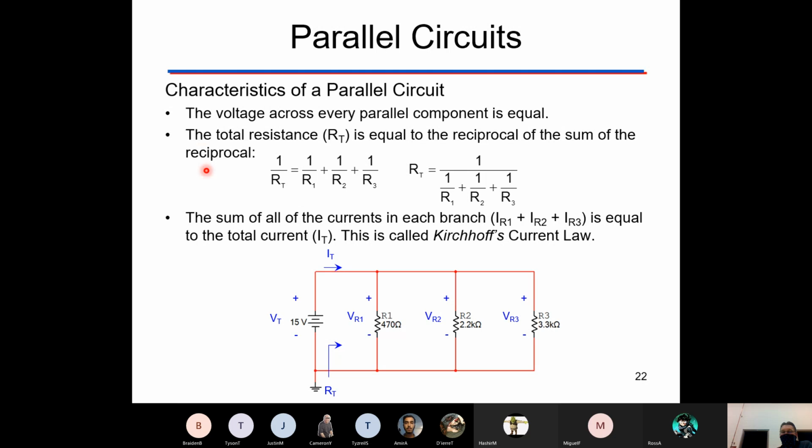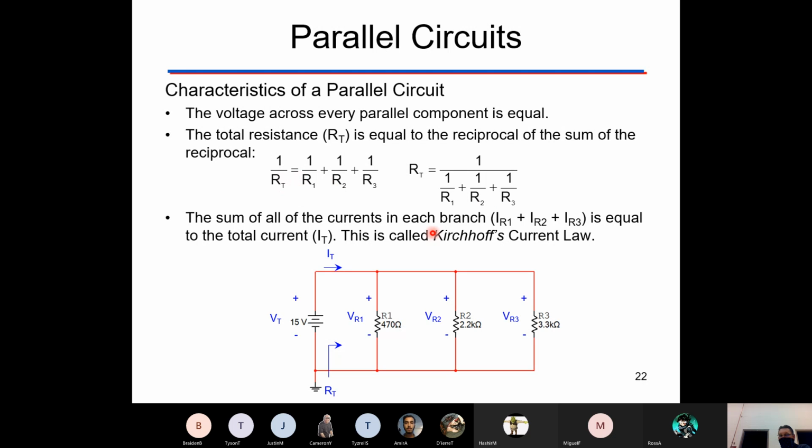All right, total resistance, RT. This is the complicated one. So if you look at that equation, you can say that 1 over RT is equal to 1 over R1 plus 1 over R2 plus 1 over R3. Okay.